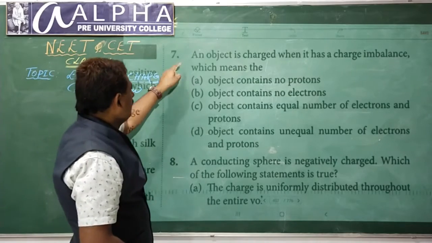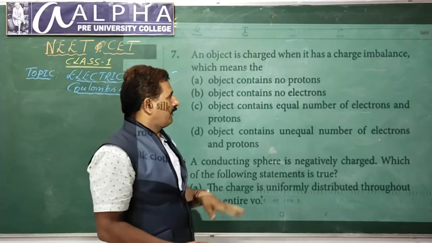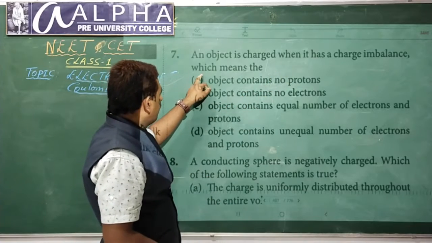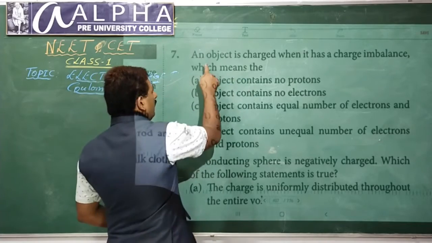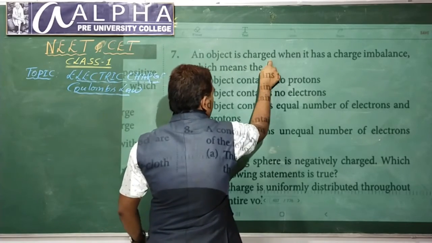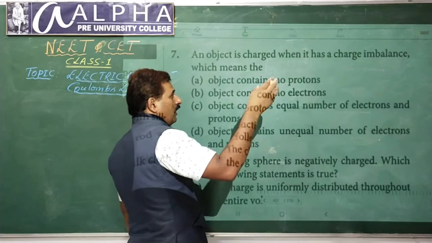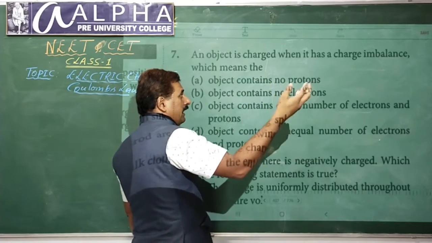Very simple. An object is charged when it has charge imbalance. Understand the words? Charging means acquiring or losing electrons.